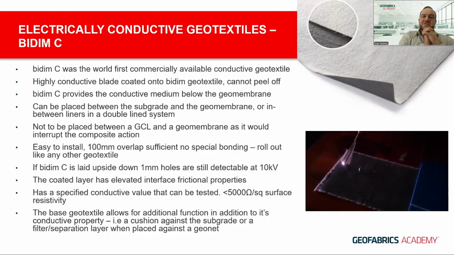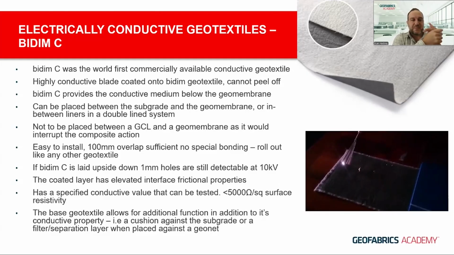So, in terms of conductive geotextiles, Bidim C is a product made by Geofabrics, and it was the world's first commercially available conductive geotextile. So it's a highly conductive layer that's blade coated onto Bidim geotextile, so it can't peel off. It's embedded within the surface fibers of the fabric.